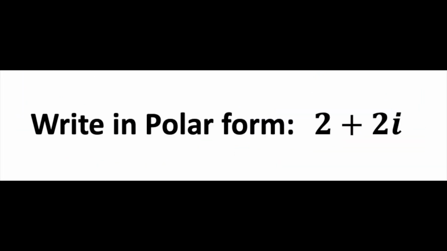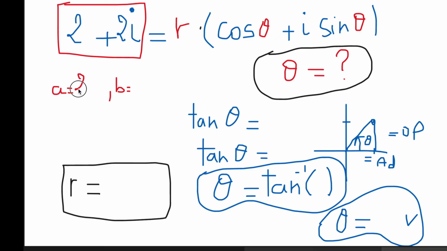Here's another example. You can pause the video and try it. So A equals 2, B equals 2, opposite 2, adjacent 2. Now R, 2 square root of 2. You might get a different answer, but it simplifies to this answer, 2 square root of 2.